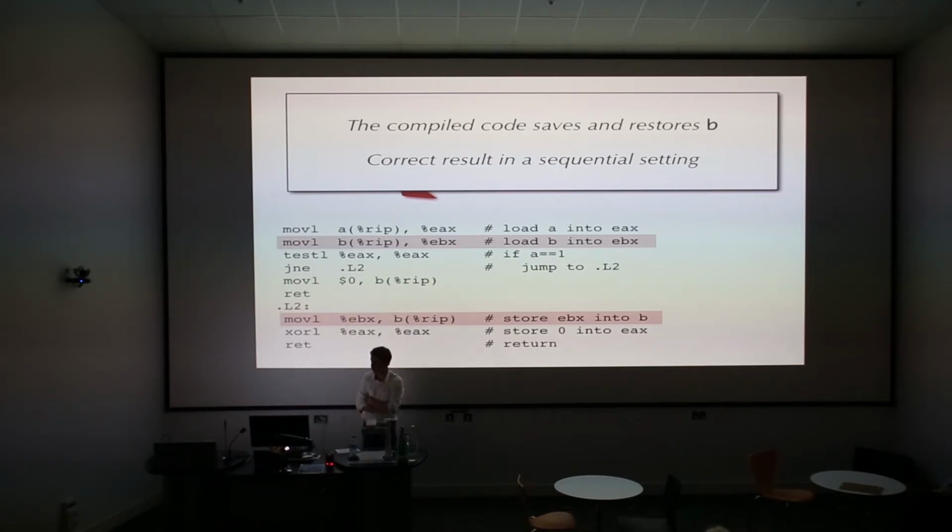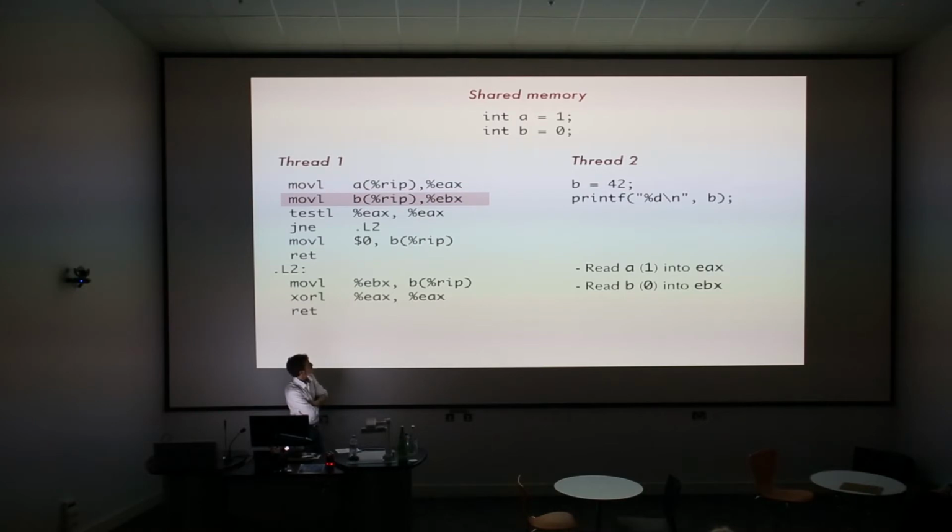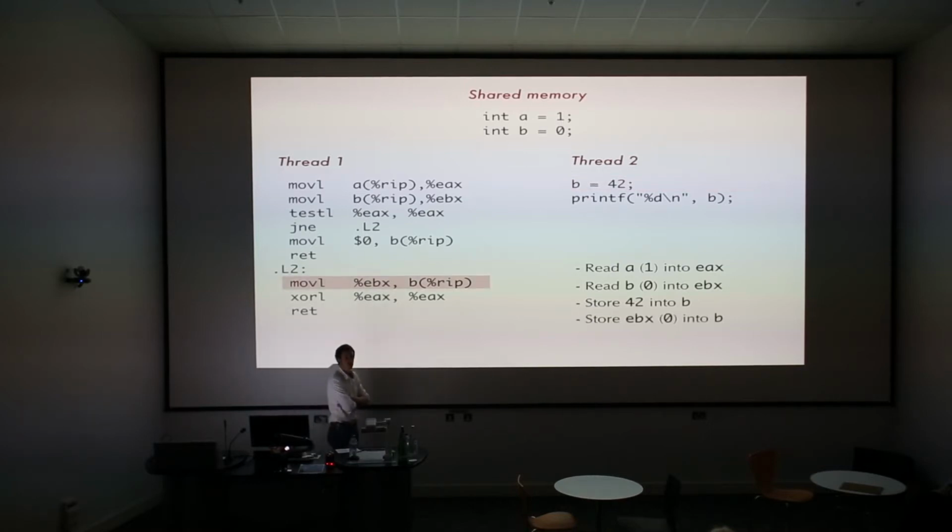You can run your program, and you will not observe this memory operation on B. But if we put this code in a concurrent setting, then we can read 1 into register A, then read 0 into register B, then update B with 42, and then restore B, restoring 0 into B, and in turn we print 0 instead of 42.